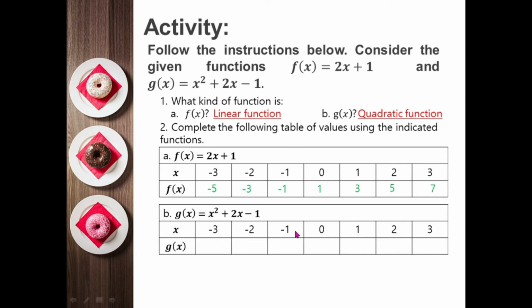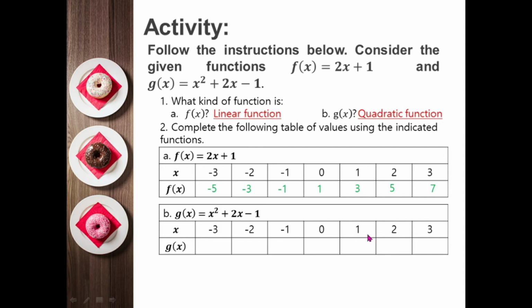If x is negative 1, our g of x would be equal to negative 2. If x is 0, therefore our g of x would be equal to negative 1.